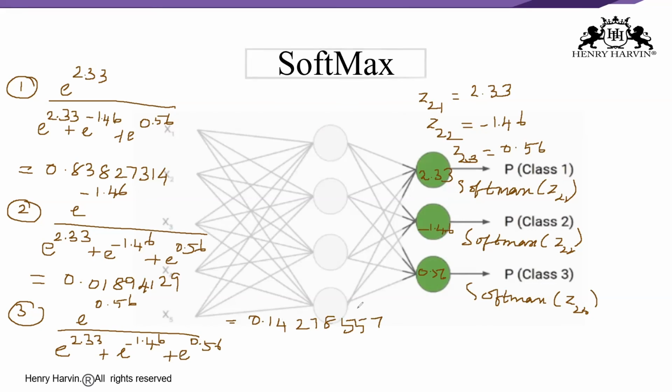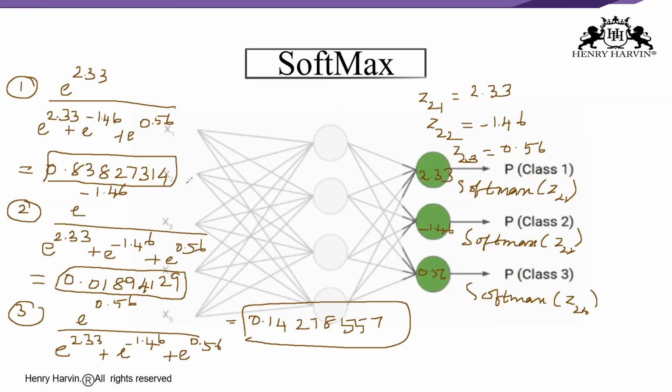So now let us try to understand what has happened over here. It is very clear that we are getting the probabilities. This is the first one, this is the second one, and this is the third one. Which is maximum over here? It is obvious that the first is the maximum. So we can say that this input belongs to class 1.